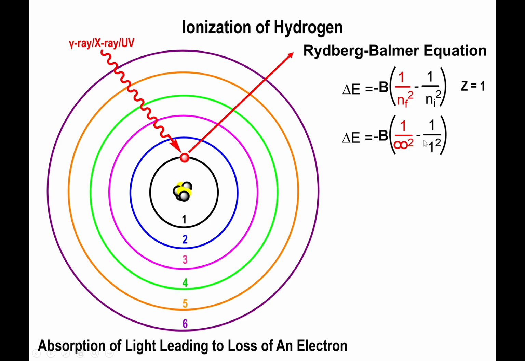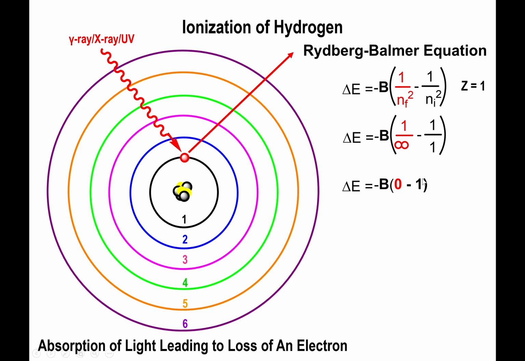And quite literally, make n final be infinity. Now, infinity squared is the same thing as infinity. Notice that I'm starting with n initial being 1. This is going to be pretty much what you're going to be doing every single time I ask you to find the ionization energy of any one-electron atom. So n final is infinity, and n initial is 1. 1 over infinity, for those of you who have taken calculus or pre-calc, you would know that 1 over infinity is the same thing as 0.